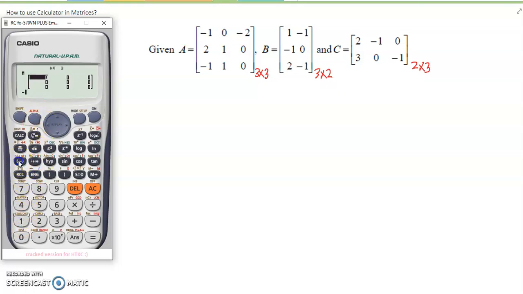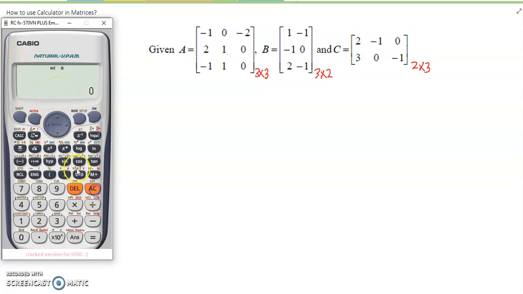First is -1, then press equal. 0, press equal. -2. Two, 1, 0. Now we already inserted the data for matrix A.